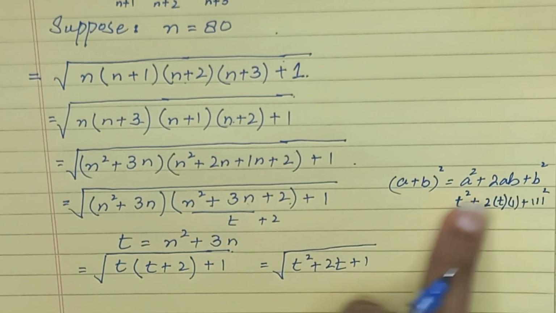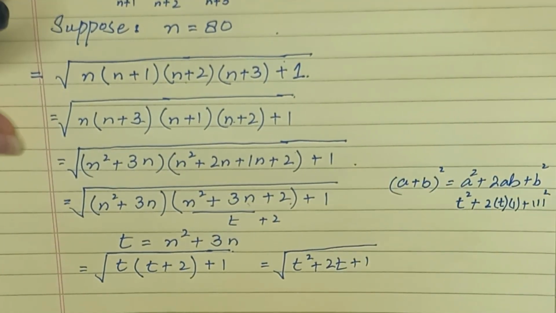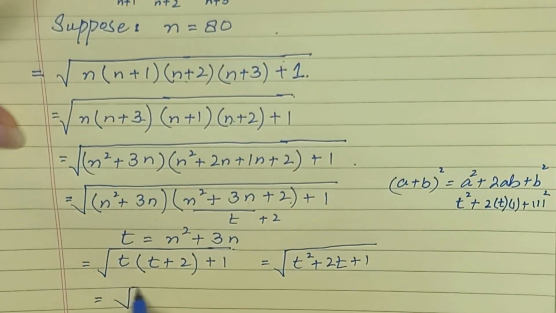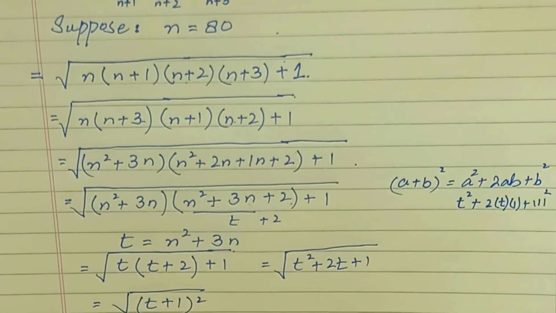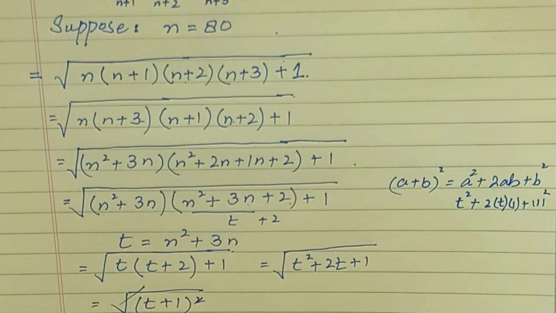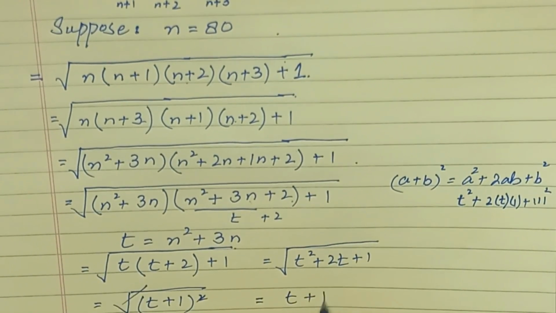So it is the same as a plus b whole square, so it will become t plus 1 whole square. So from here the square and square root will be cancelled out, and it is equal to t plus 1.